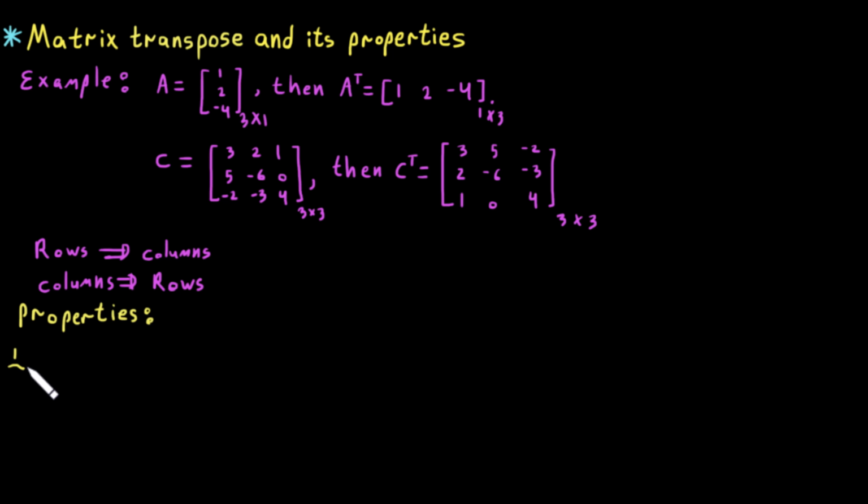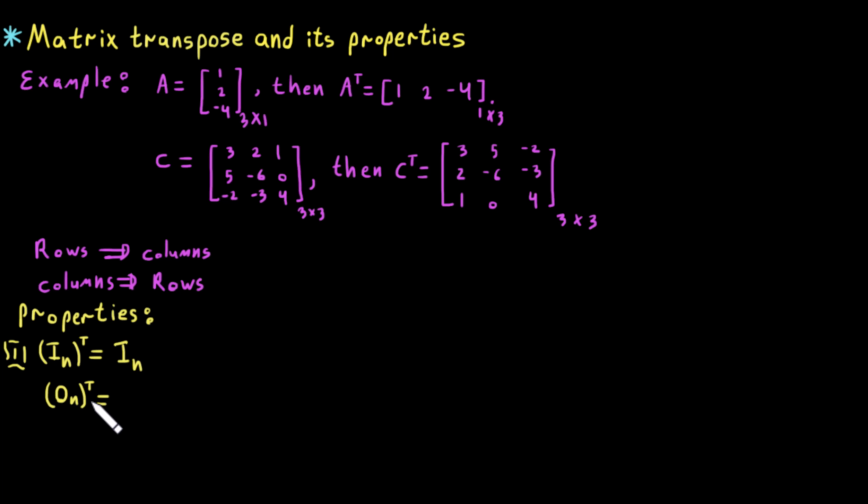First one, the identity, let's say identity n. If you want to take the transpose, it will remain the same. And the zero matrix, if you want to take the transpose of a zero matrix with size n, it means like here, this size 3.